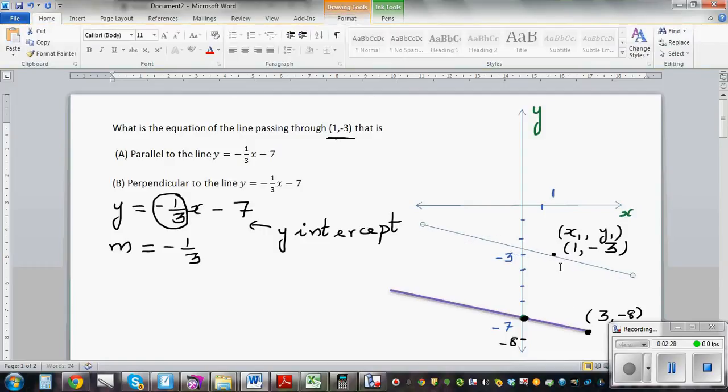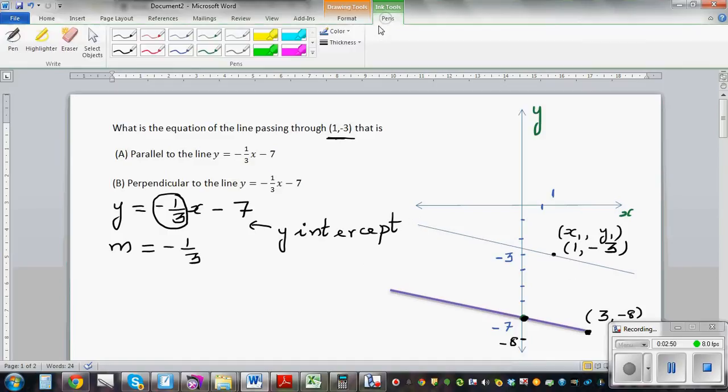This is the line that we want to find. What's the equation of this line, which is parallel to this line? Looks almost parallel. Okay, I think this is enough.